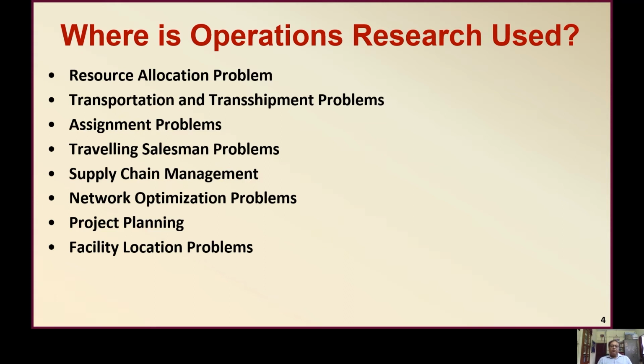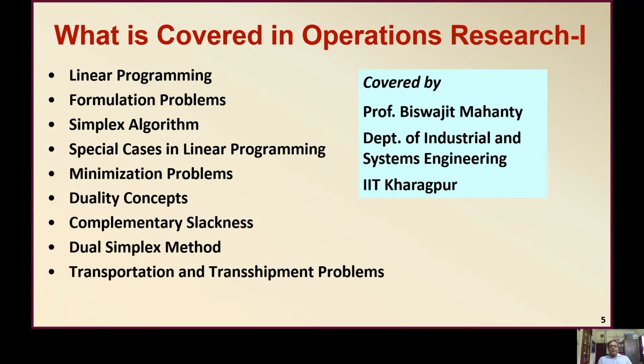They are everywhere, and the question is how to optimize them. Then project planning; we know project management is another very important problem. Facility location problems: where to locate our facility so as to obtain the best possible results.